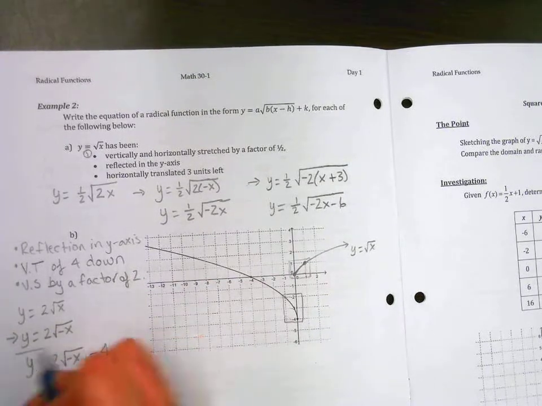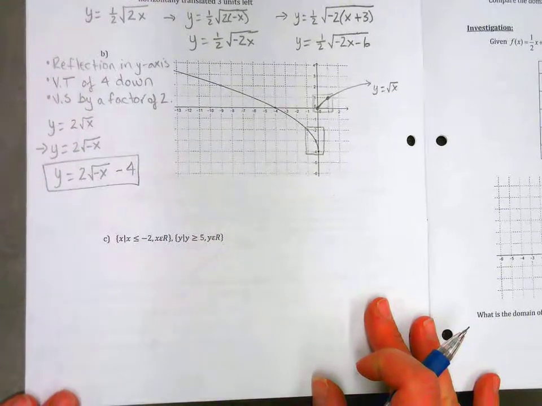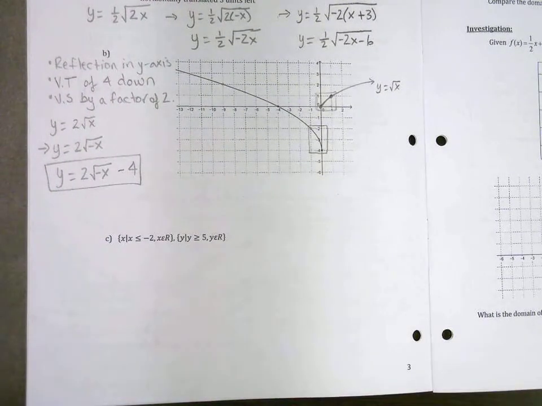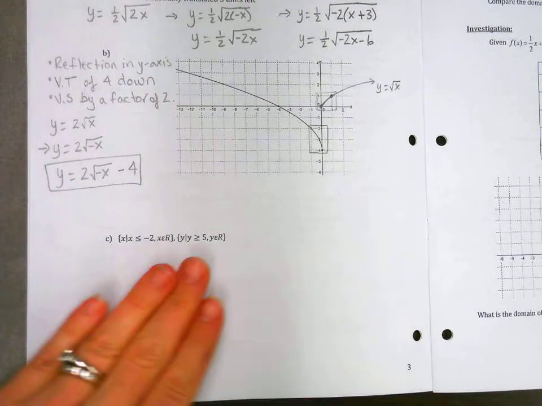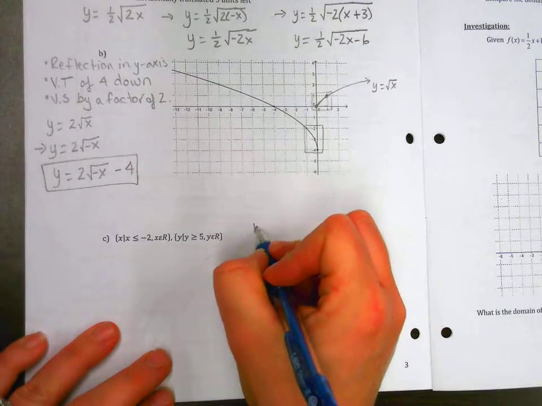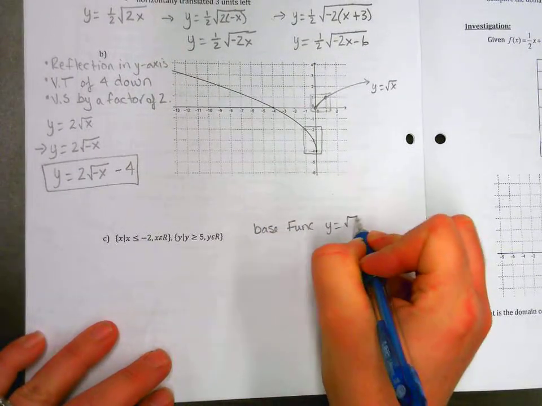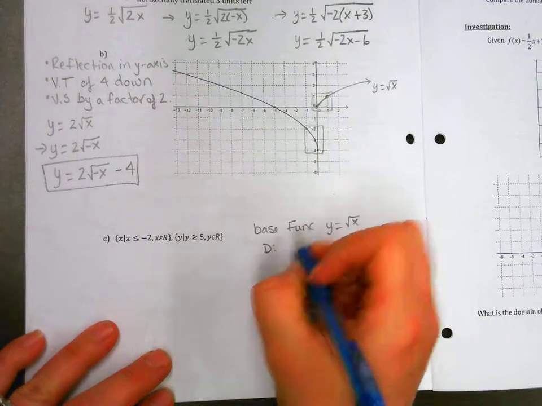All right, and then the last one. Okay, so how has the function y equals root x been changed if the domain and range are now this? Okay, so thinking of our base function, y equals root x. The domain of this base function would be x greater than or equal to 0.